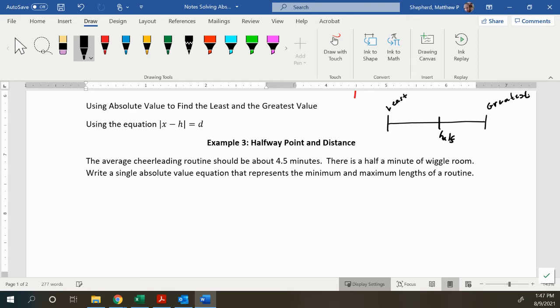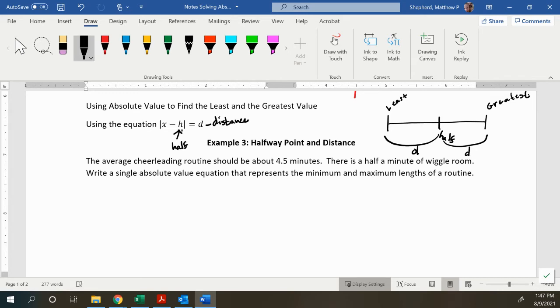That's going to show up in this equation where h represents our halfway point. D stands for the distance from that halfway point. So if here's my halfway point, then I've got the distance below and then the distance above. How much wiggle room do I have in there?